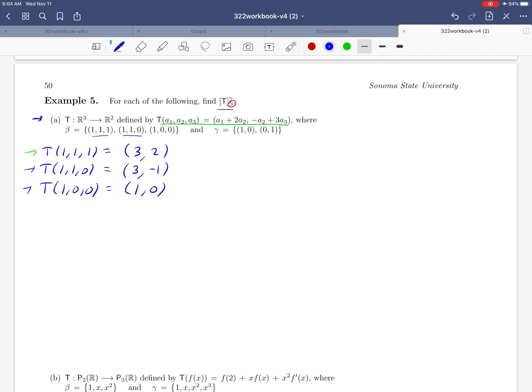Now we're ready to look at the basis that goes with our outputs, gamma. These three outputs that we got, we'd like to write those as linear combinations of our output basis. Our gamma basis looks like this. We'd like to take 3, 2 and write it as a linear combination of those two vectors, and same for the other two.